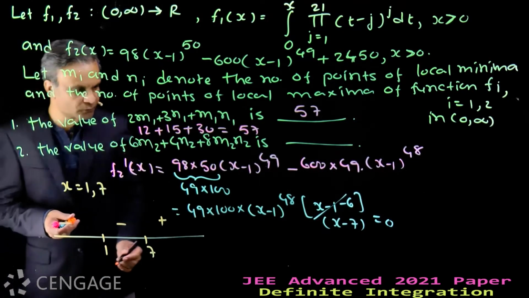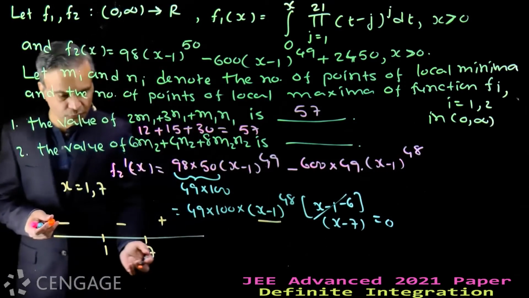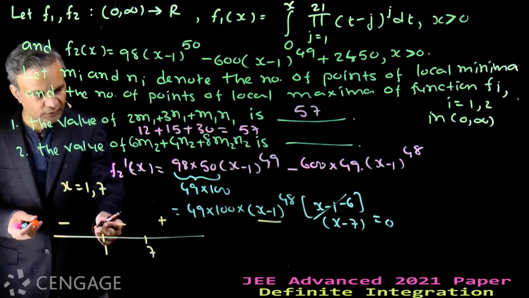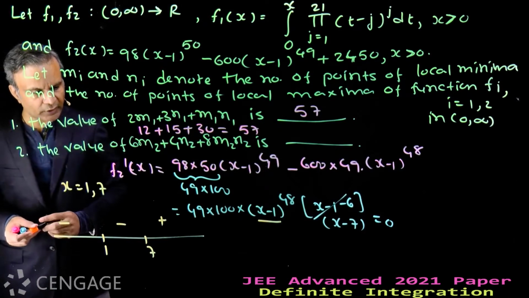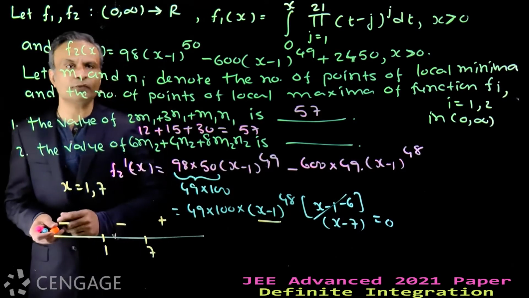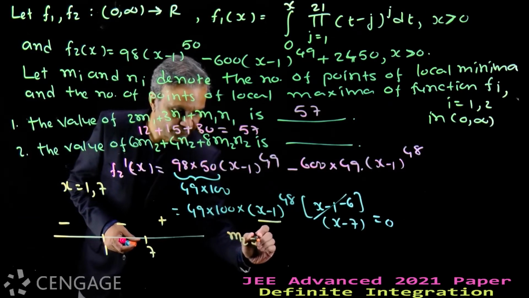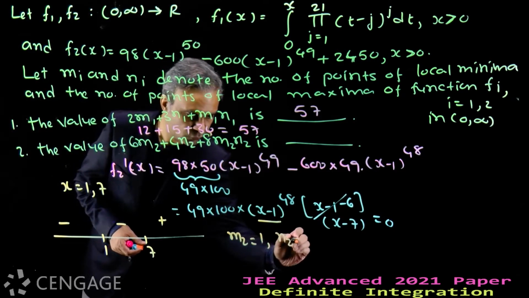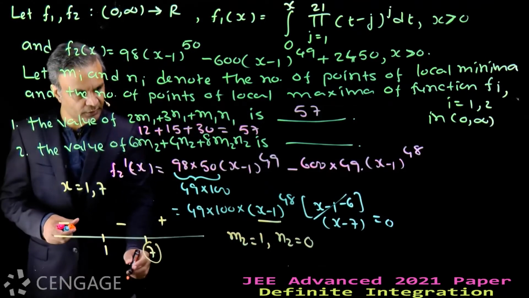Here (x minus 1) has even power, so while crossing x equal to 1, the sign of the derivative won't change. So there is only one point of minima and no point of maxima. So the value of m2 is 1 and n2 is 0.